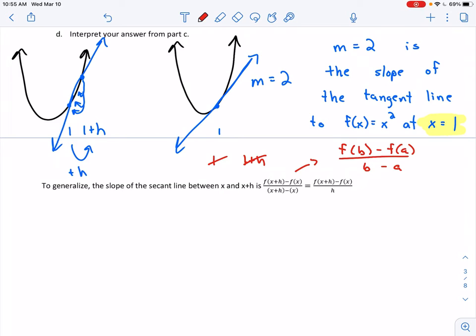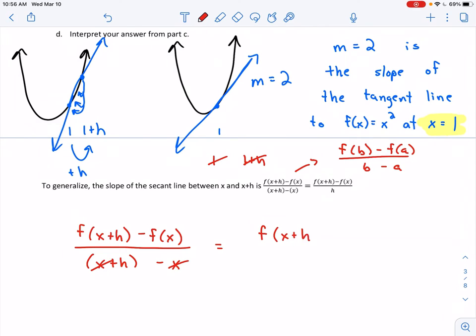So when I plug this in, I'll have f of x plus h minus f of x divided by x plus h minus x. And if I look at that denominator, I see that I can cancel an x. We can simplify it a little bit so that we end up with f of x plus h minus f of x divided by h.